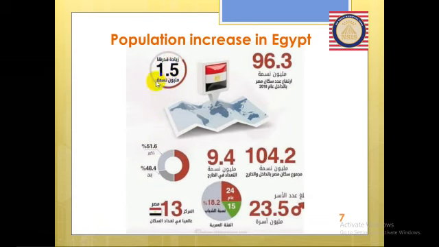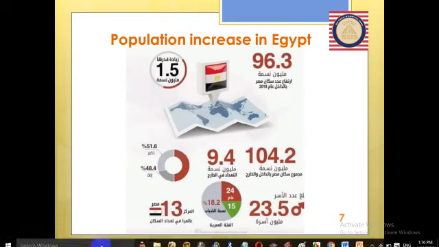It's 1.5 million, and the Egyptian population in the year 2018 was 96.3 million. And here the part of the males and females, the males is 51.6% and the females 48.4%.